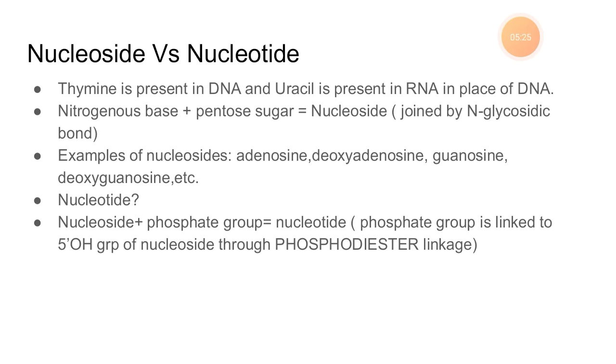Now you can tell me what is the difference between adenosine and deoxyadenosine, guanosine and deoxyguanosine. Now, what is a nucleotide? When a phosphate group is attached to a nucleoside at the 5' OH group through a phosphodiester linkage, then this nucleoside turns into a nucleotide. This is the basic difference.